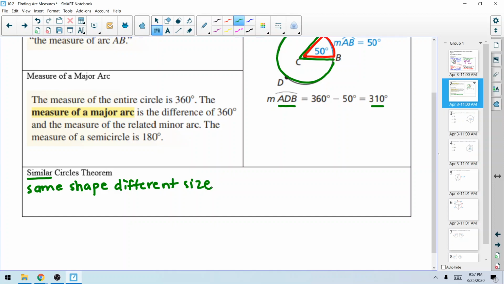So guess what? The similar circles theorem: all, I repeat all. This is going to be a level 2 question and you better just know it. All circles are similar. Because they're all circles. They're all the same shape. They're just different sizes.